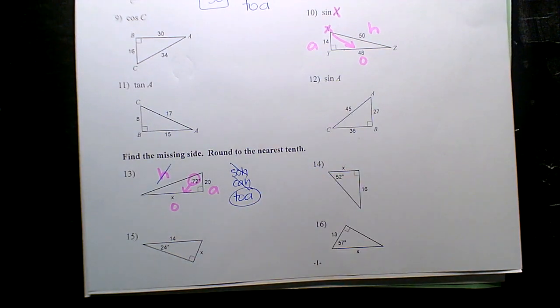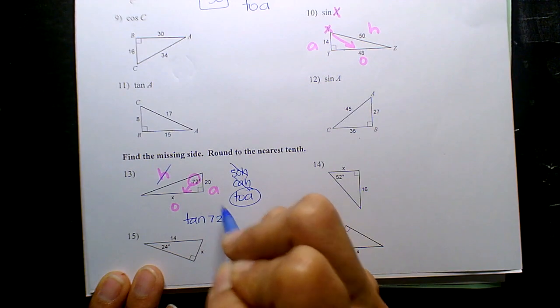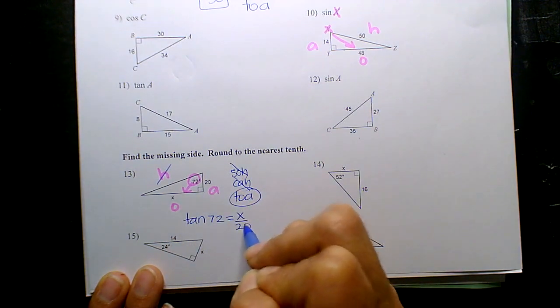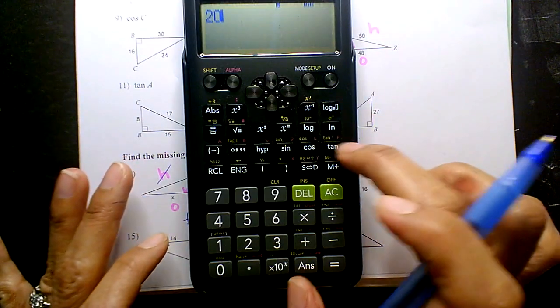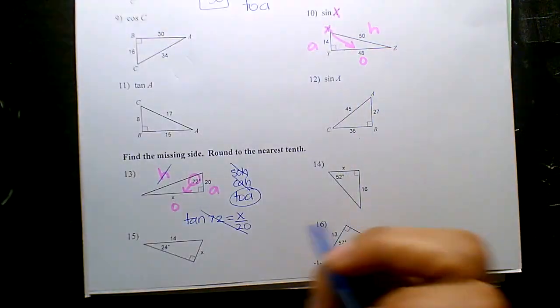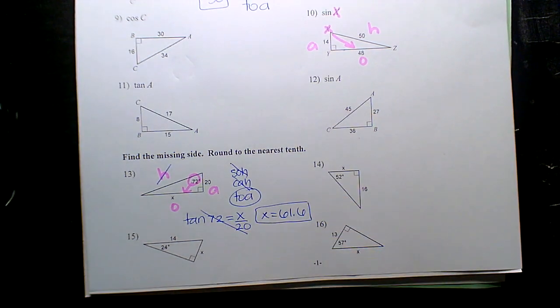Tangent is the winner. So tangent of 72 degrees is equal to O over A, X over 20. Cross product property, what is 20 tangent 72? And I get 61.6. So you can see it's quick when you know what you're doing.